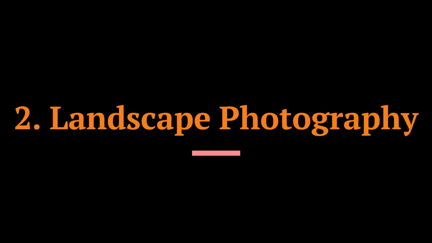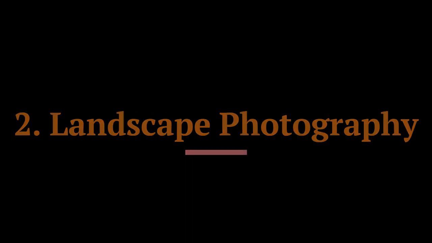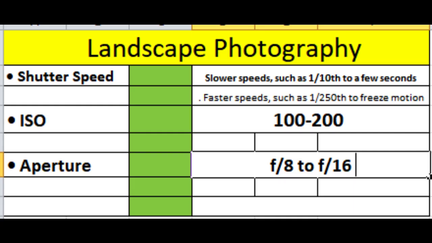2. Landscape photography. Shutter speed: Use a tripod for stability and set the shutter speed to achieve the desired effect. Slower speeds, such as 1/10th to a few seconds, can create motion blur in water or clouds. Faster speeds, such as 1/250th to freeze motion, may be needed for capturing moving subjects within the scene.